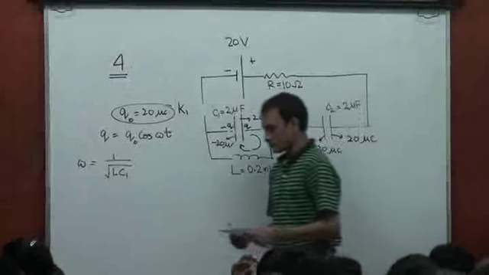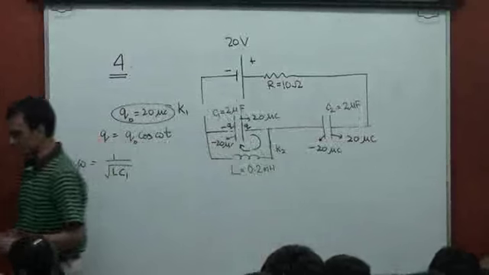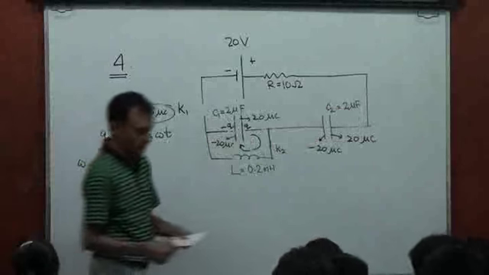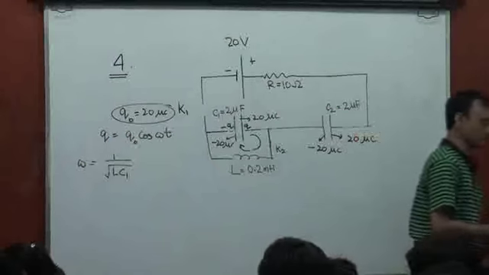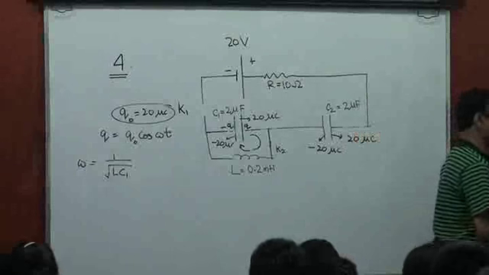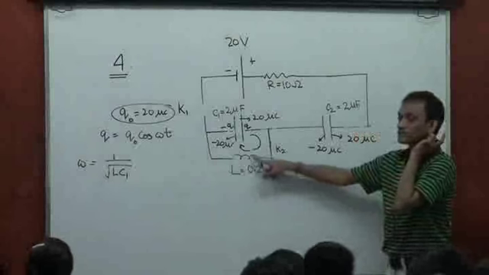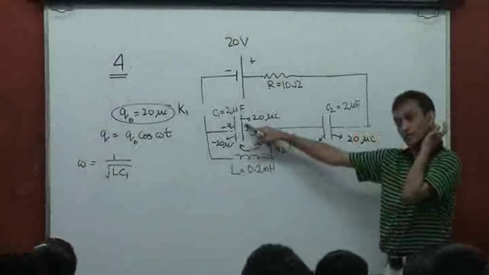The next part, determine the first instant t when the energy in the inductor becomes 1/3 that of the capacitor. Find the first instant t when the energy in the inductor becomes 1/3 the energy in the capacitor.